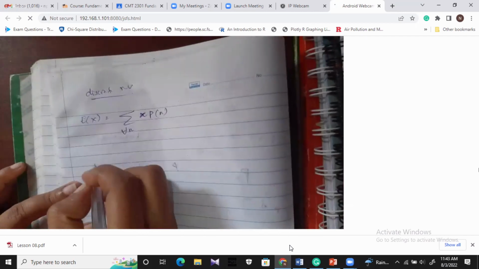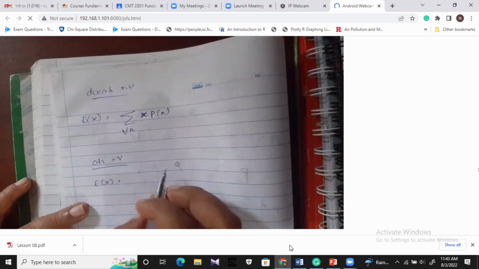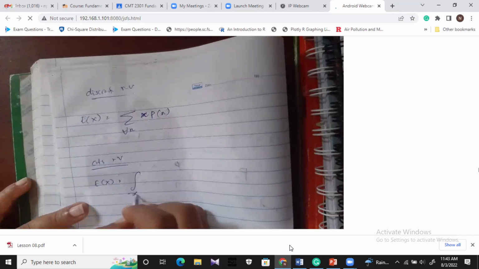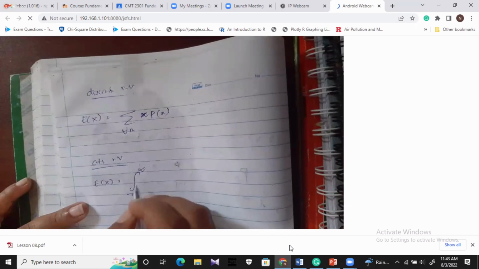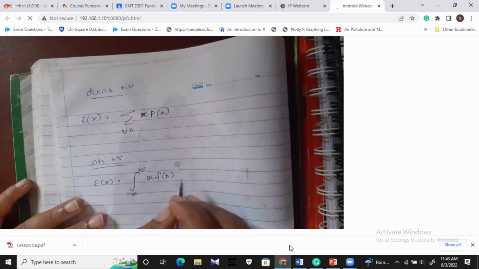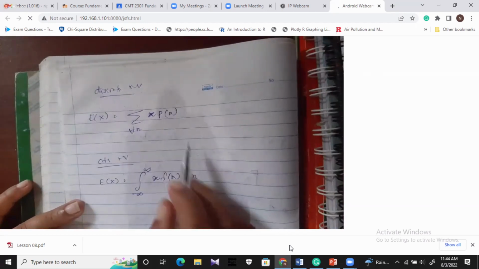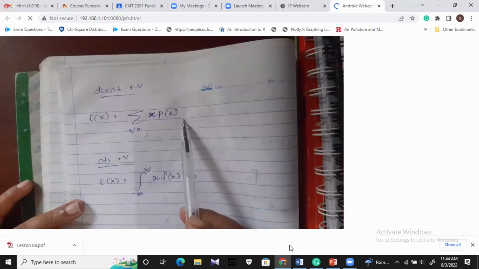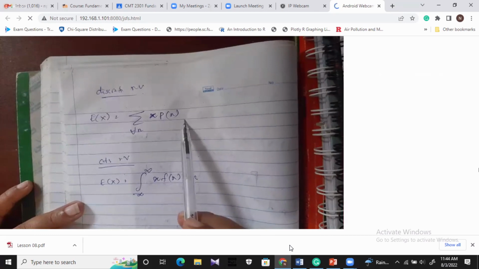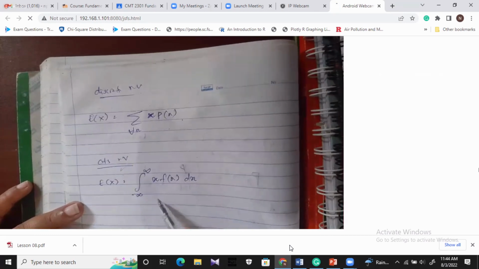If it is a continuous random variable, then the expected value of x is equal to the integral from minus infinity to plus infinity of x f(x) dx. So these are the two formulas that we use to find the expected value of a random variable x. If it is discrete, we use this; if it is continuous, we use this.